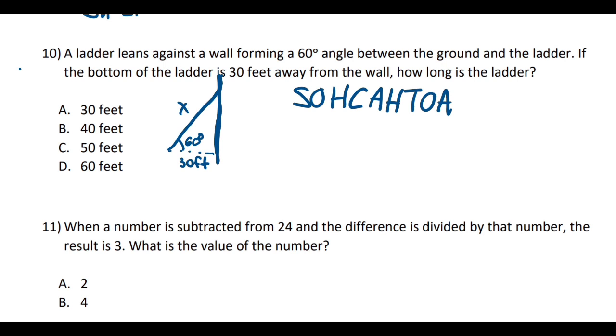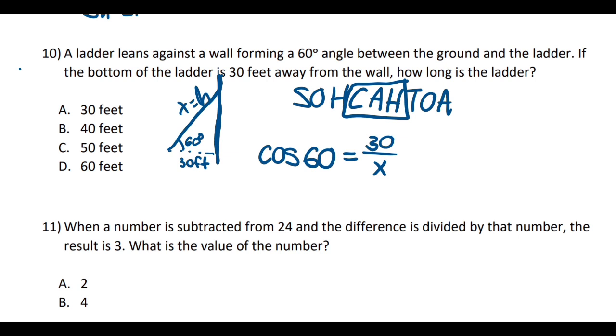And if we're looking from the perspective of the angle, we have the hypotenuse, which is the side that we're looking for, and we have the adjacent side. So if we look for which trig function has an adjacent and hypotenuse, that's going to be cosine. So cosine of our angle, which is 60, is going to be equal to adjacent over hypotenuse.